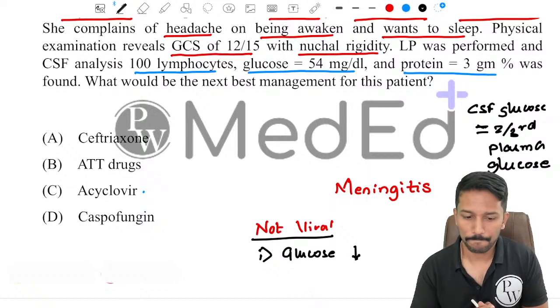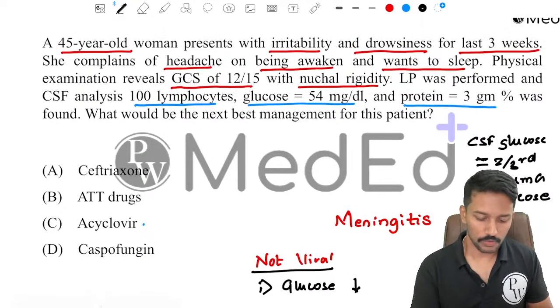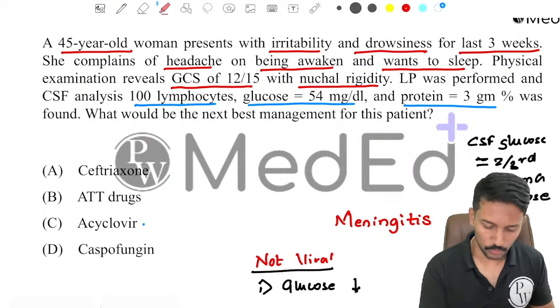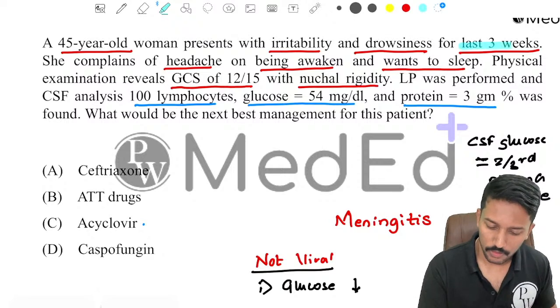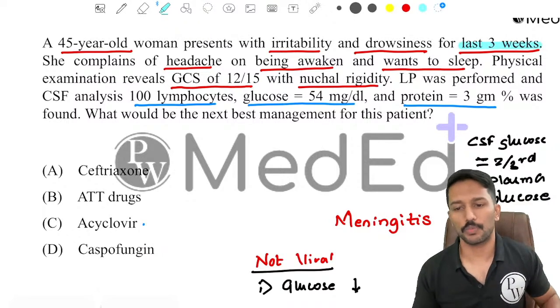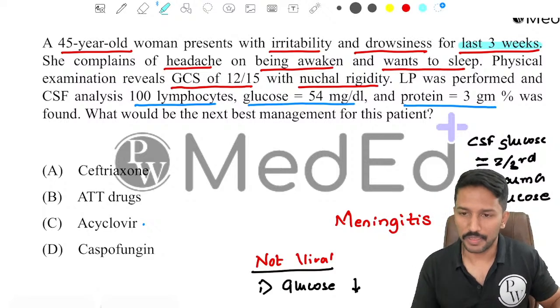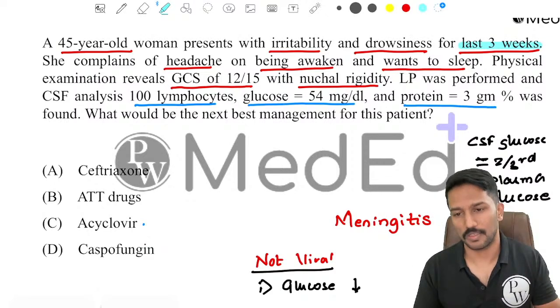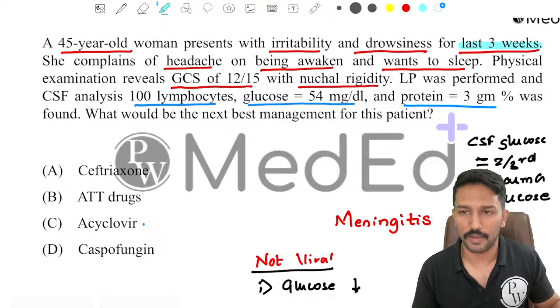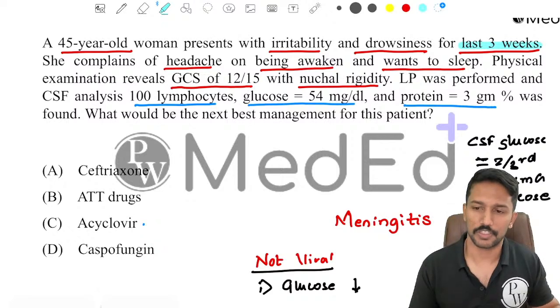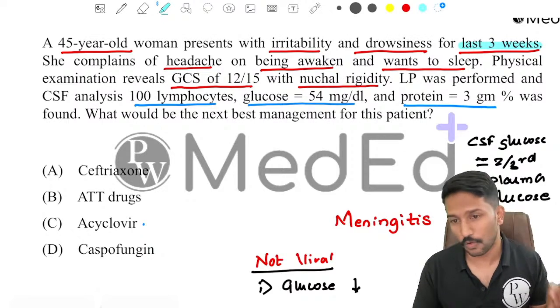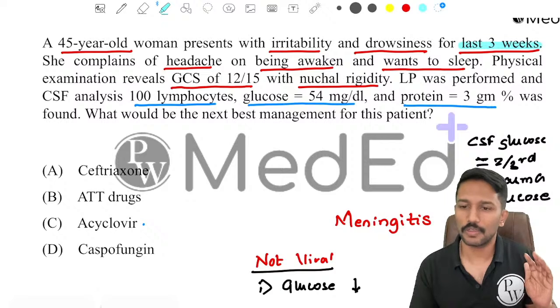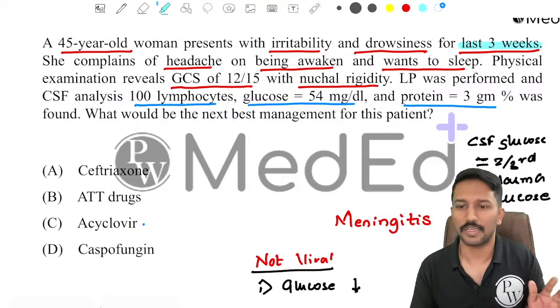Why? Because, yeah, 60% or 2/3, absolutely right. Viral meningitis is always an acute presentation. It won't last for 3 weeks, right? So here it is a subacute presentation. It can't be viral because of its subacute presentation. Viral meningitis and bacterial meningitis are all acute presentations. By the end of the 3rd week, either the patient has recovered or is dead.